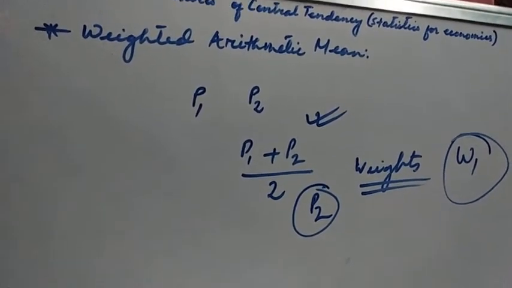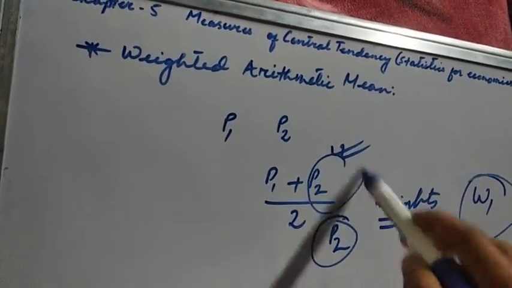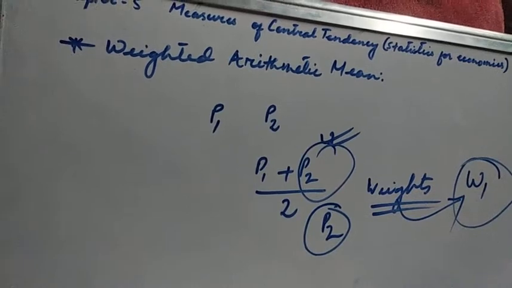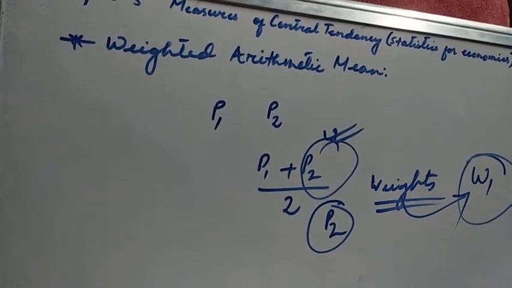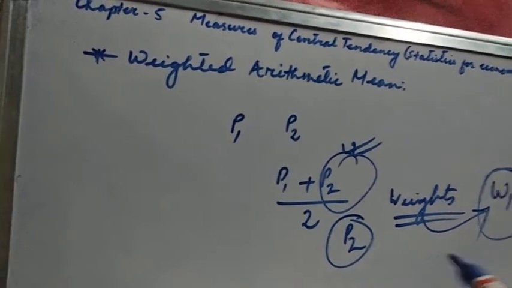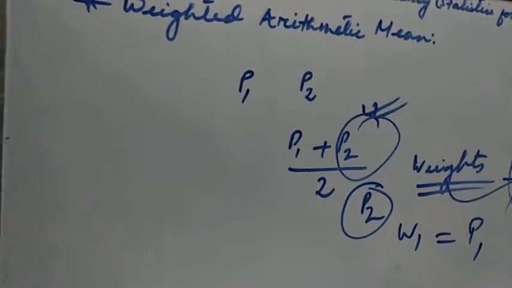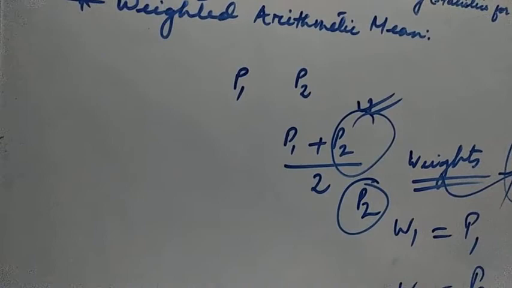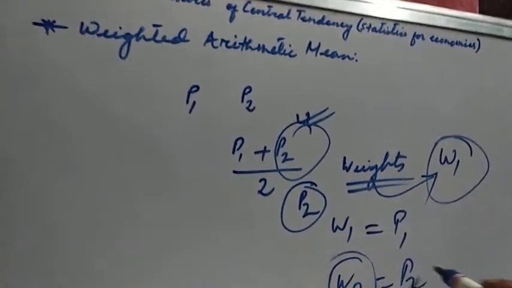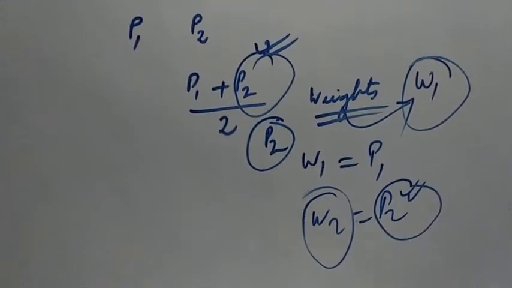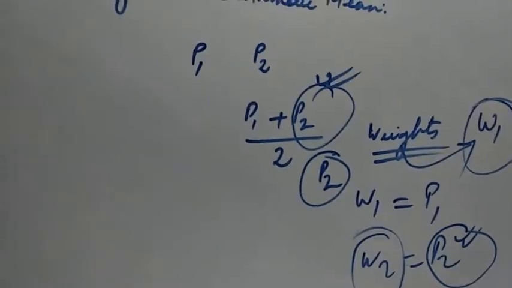If you want to focus on the price of potatoes P2, you are giving weightage to all the items. So W1 is for P1 and W2 is for P2. So W2 is the weight for potatoes. Suppose you want to find out the rise in the price of potatoes, you are giving different weightage.